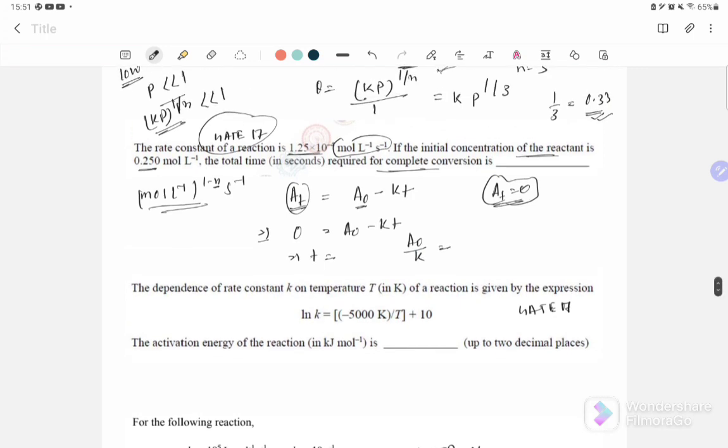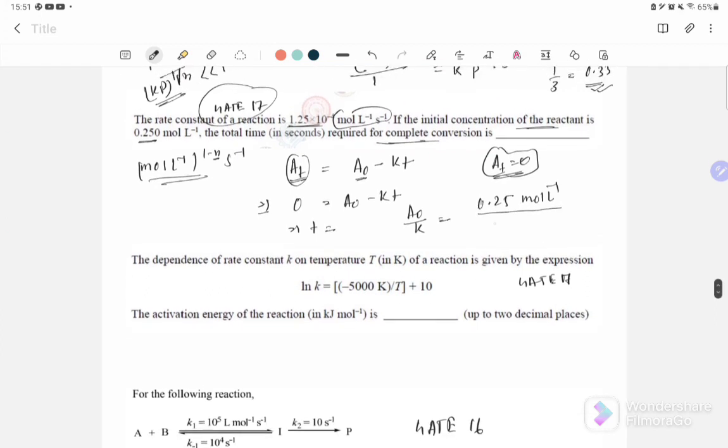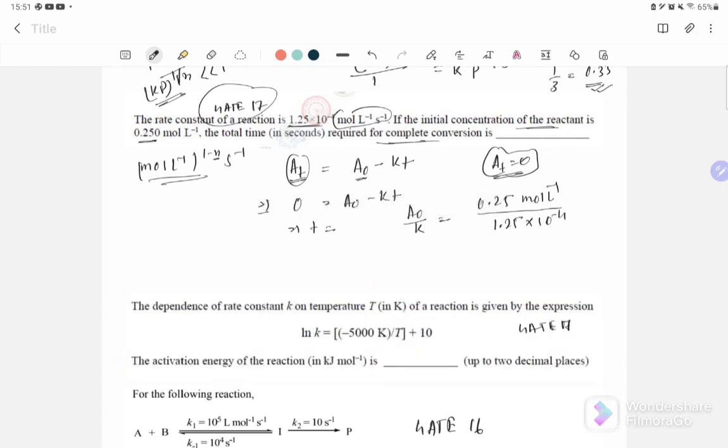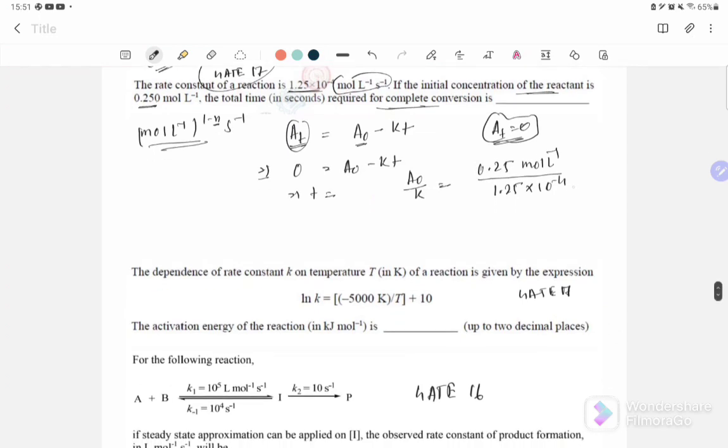[A]0 is 0.25 mole liter inverse, divided by k. k is 1.25 into 10 to the power minus 4, with unit mole liter inverse second inverse.